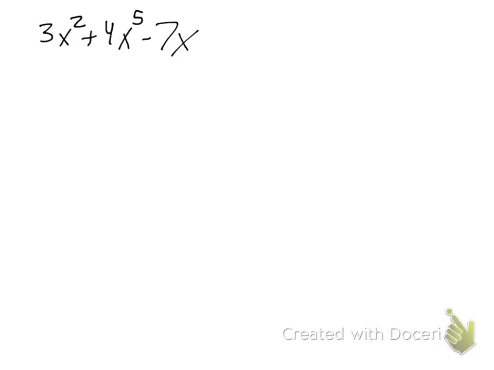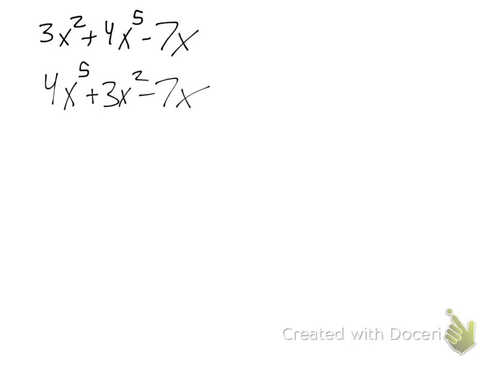What's the highest exponent? It's the 5. So the 5 is associated with the 4x to the 5th. So what we're going to do is write that first. It's a positive 4x to the 5th. The next highest exponent in this problem is the 2, which is a positive 3x squared, minus 7x that goes along for the ride. We're not going to do anything with it.